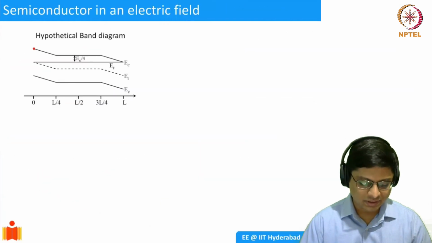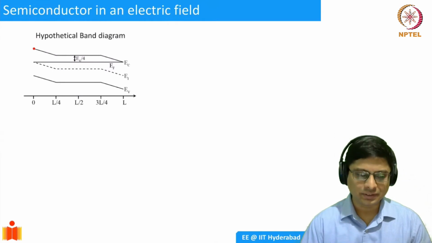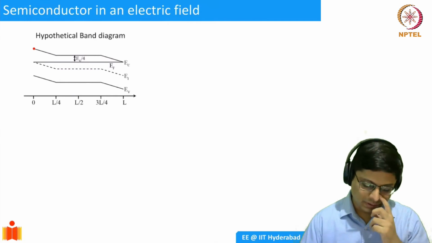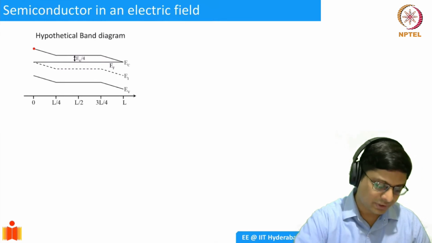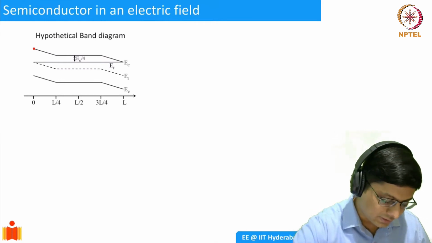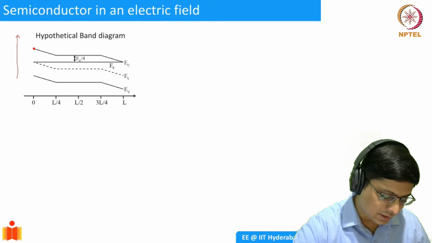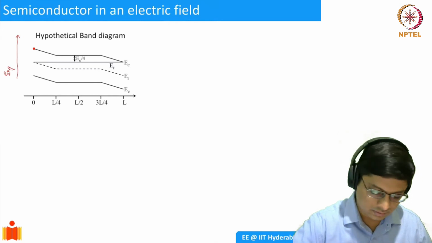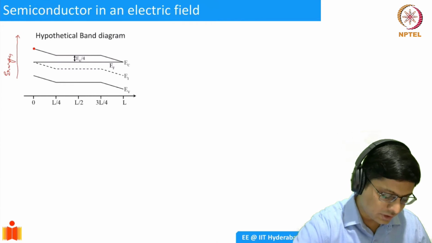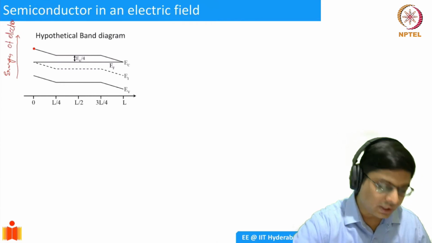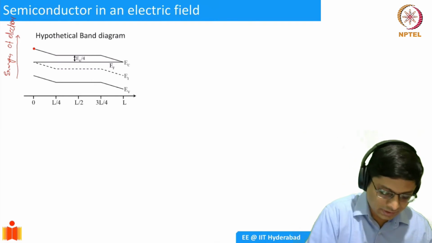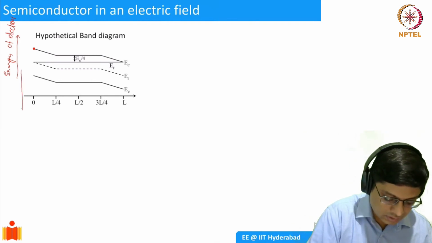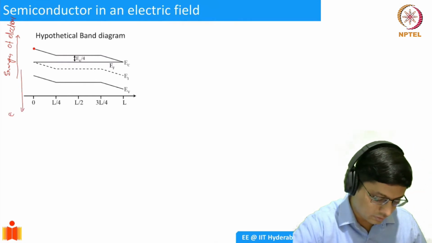Let's try a simple problem. This is a hypothetical band diagram that you're seeing on the screen, and always remember that on the y-axis, whenever we are talking of energy band diagrams, the energy of electrons is increasing as you go higher on the band diagram, and conversely, if you go lower, the energy of holes increases.